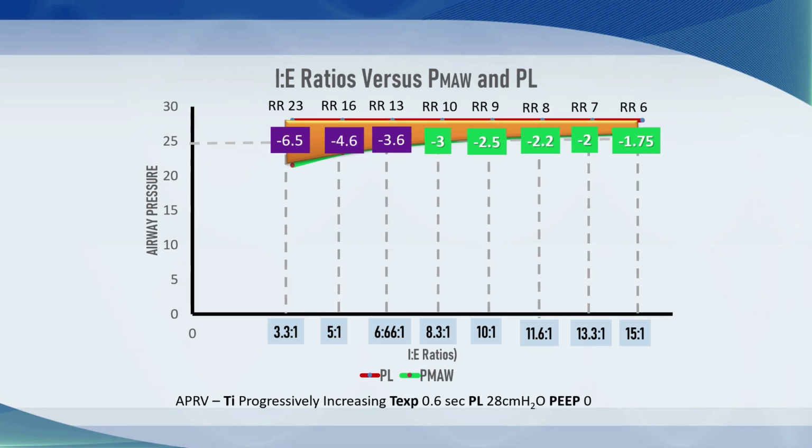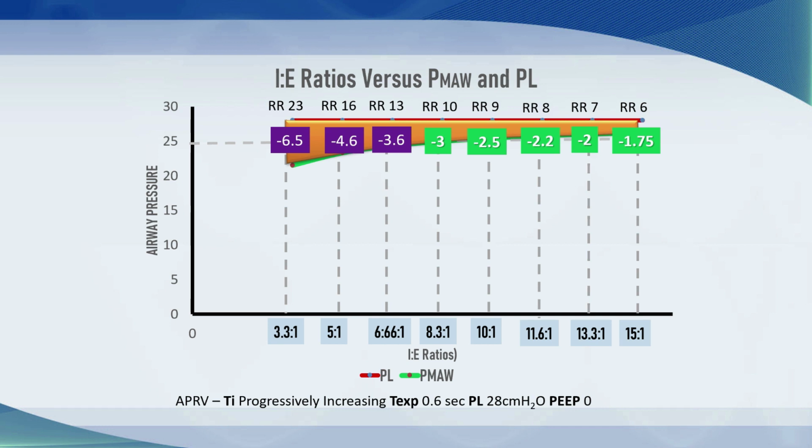And it seems to me that the optimal respiratory rate here that gets you pretty tight between the mean airway pressure and the pressure high is somewhere between 8 and 10 breaths per minute, and that corresponds to an I to E ratio of 12 to 1 to 8 to 1. So you're in that kind of range.